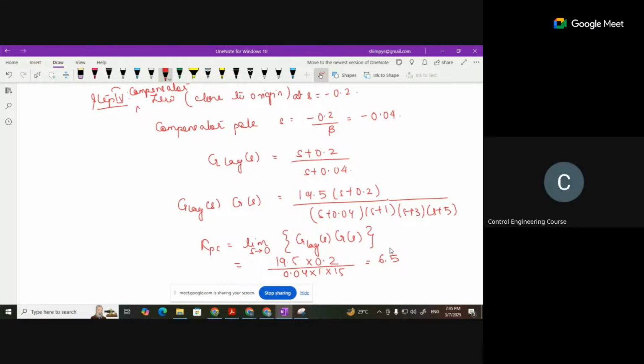We can use it for other inputs also, but in one of the sessions when the professor was there, when I asked him, he told me that for other inputs we may have to modify the formula. Generally we take step input only.